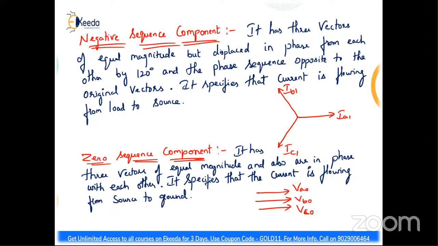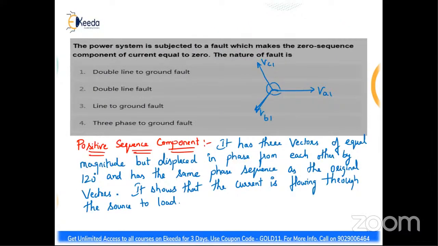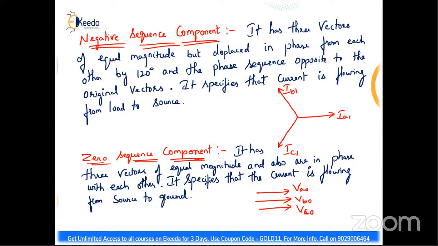So by seeing this, we can consider that positive sequence components exist in both balanced and unbalanced conditions, right? Whereas the negative sequence components exist only in unbalanced conditions, and the zero sequence component exists in unbalanced conditions involving ground fault.